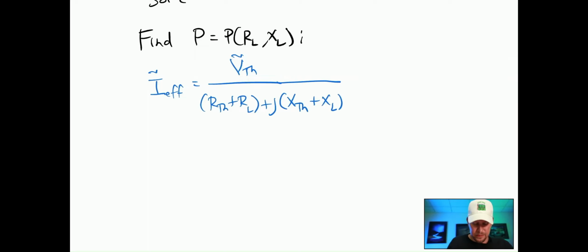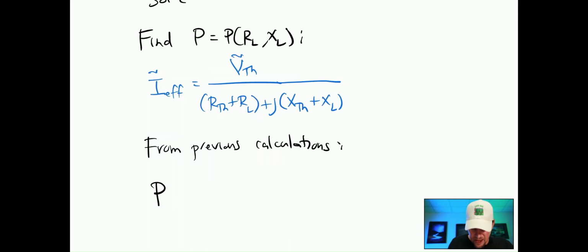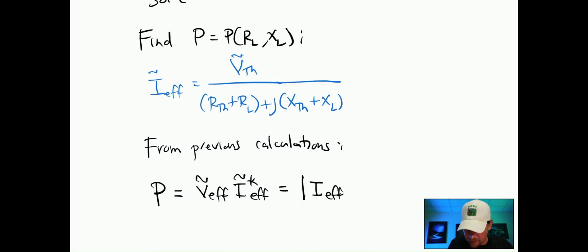Now, one of the things that we showed previously, and we also know from previous calculations, is that the actual real power, which in general would be the effective voltage times the complex conjugate of the effective current, is the magnitude of the current squared times the load resistance.